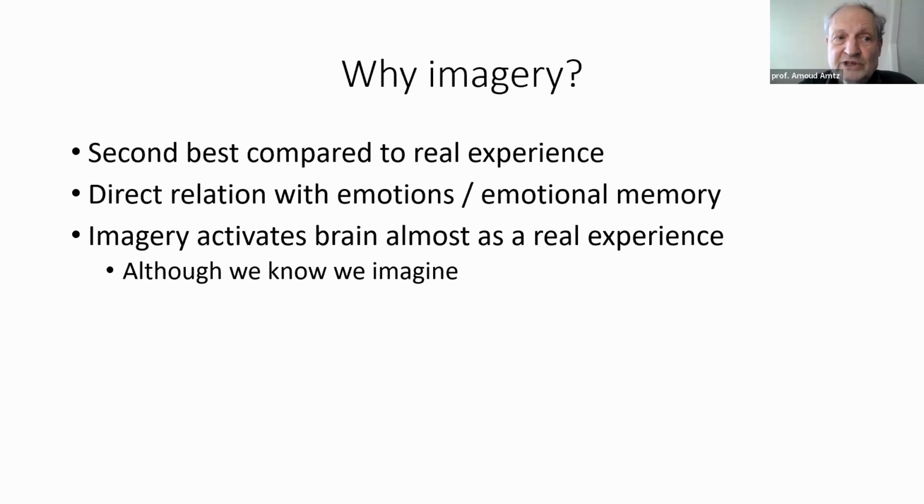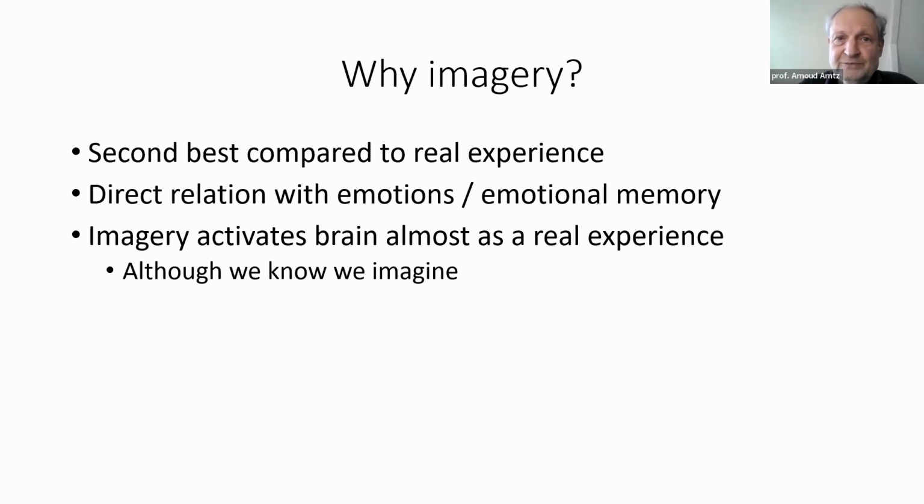And this is well known in other branches of psychology, for instance, in sports psychology, where imagery is used as an option to train and to focus on complex actions that top sportspeople have to take. A second reason is that there seems to be a direct relation between imagery and emotions.